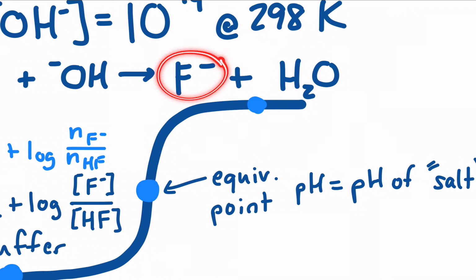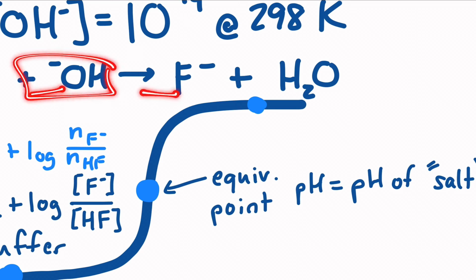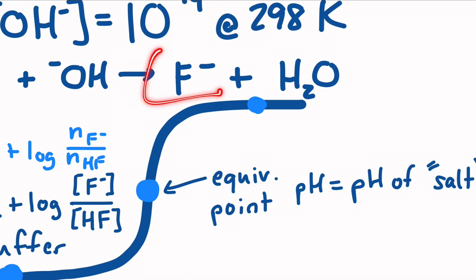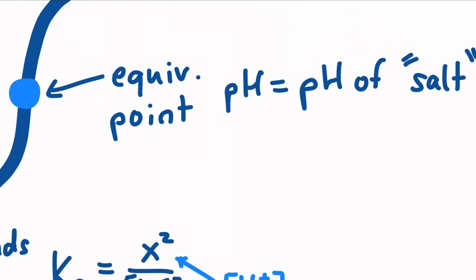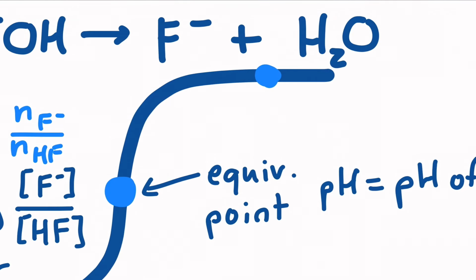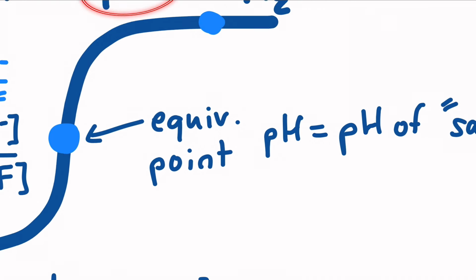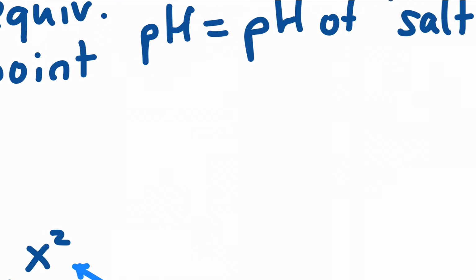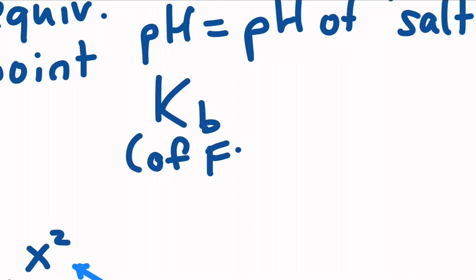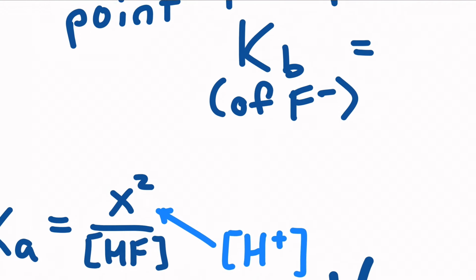Here we're making F-. There's some counter ion, maybe a sodium ion or a potassium ion that was there from the beginning of the strong base, and now it's paired up with this. But to get the pH of the salt, that means I need the K value that goes with what that ion is. So I would have to use Kb, this time of the conjugate of F-, and I set up the same expression that we did in the beginning.